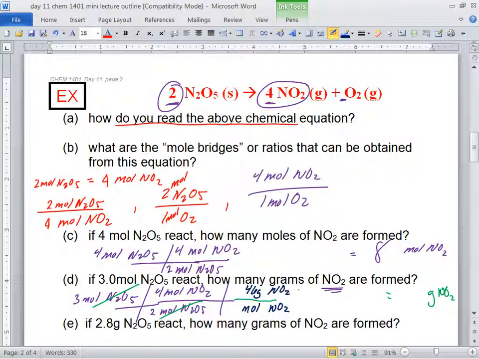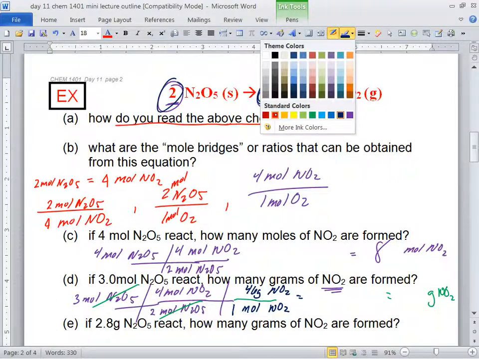And how many moles of NO2? For molar mass, it's always what? A 1. For molar mass, it's always a 1. See what's a common mistake? You want to put a 4 in there because you see a 4 up here? That's only for the mole bridge, 4 to 1 or 4 to 2. Okay. So I'm done. Everything cancels but the grams of NO2.